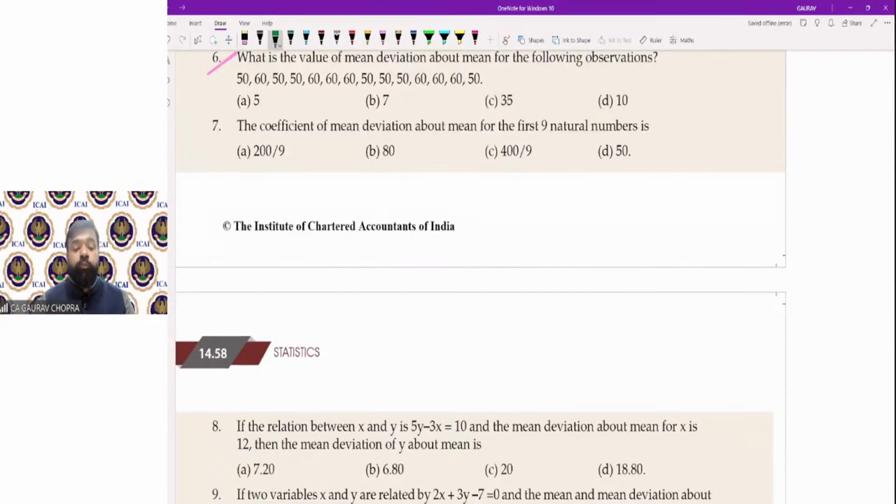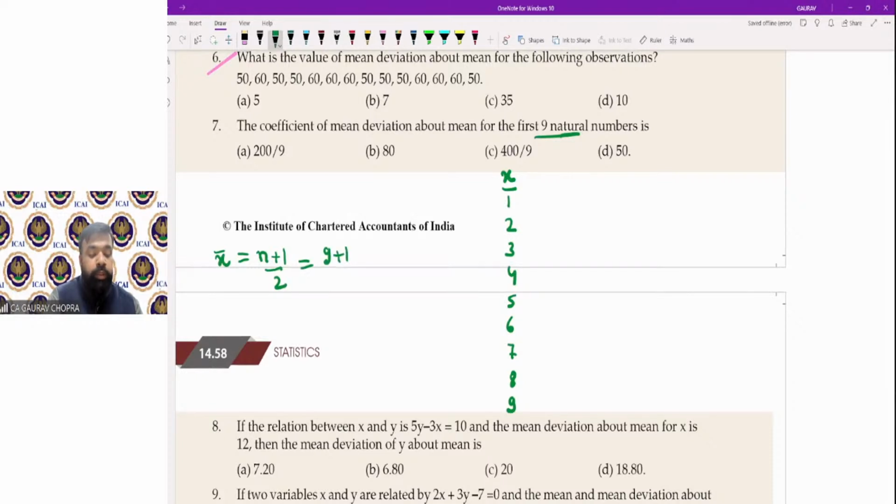The coefficient of mean deviation about mean for first 9 natural numbers. First 9 natural numbers. So series is 1, 2, 3, 4, 5, 6, 7, 8, 9. Now, in case of natural number, mean का shortcut क्या है? N plus 1 by 2.